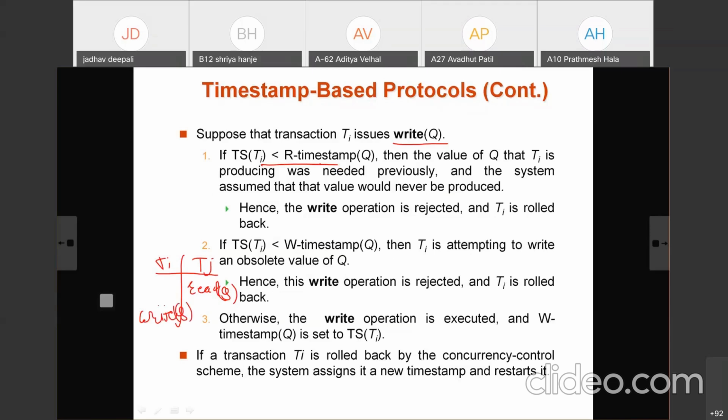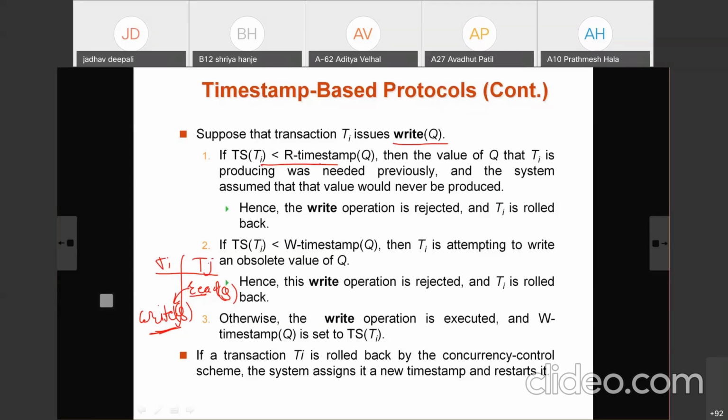It means this value of Q is required by Tj, but it is written after it.